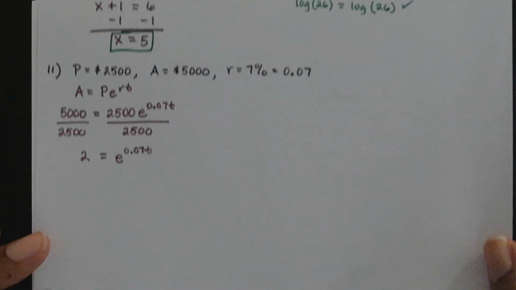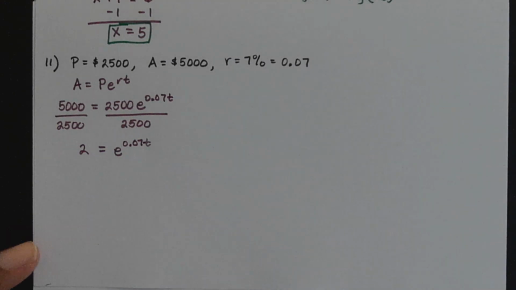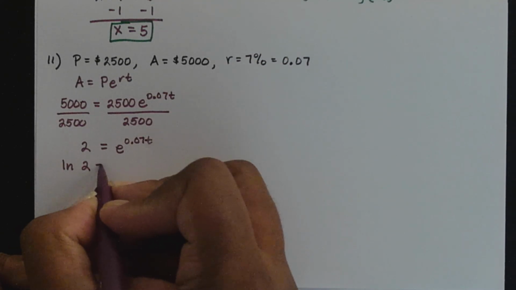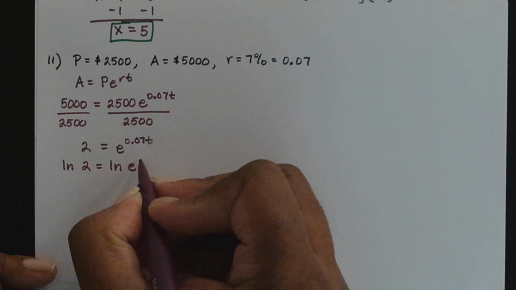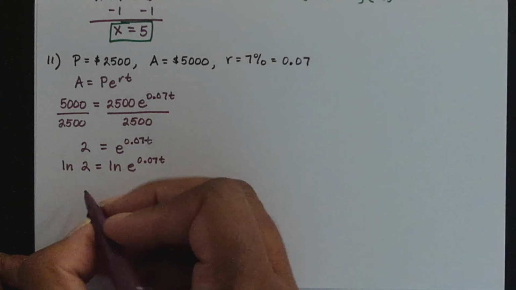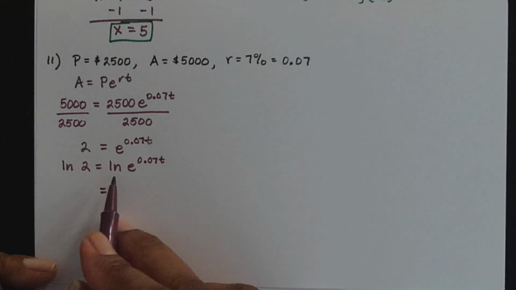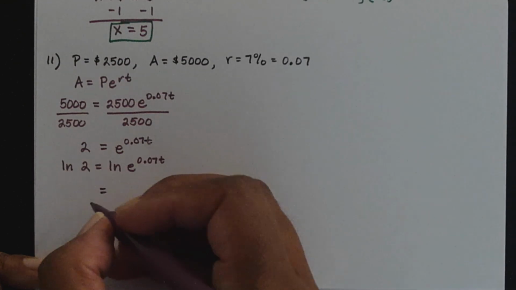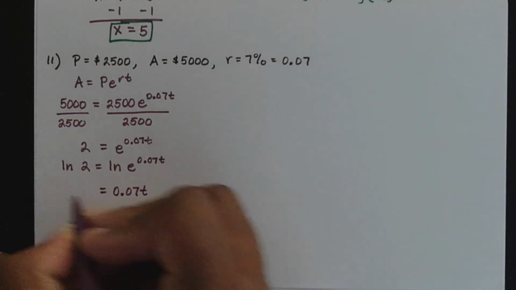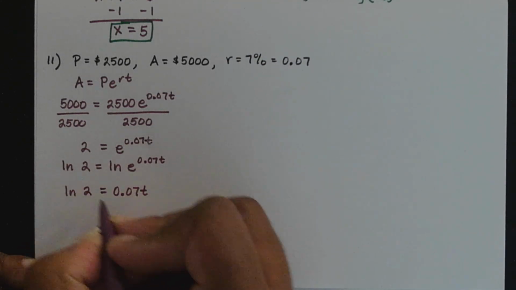Now, since we have an exponential equation, we have the natural base e, and ln and e are inverses of each other. Let's take the natural log on both sides. So on this side, what's ln of e to the 0.07t? 0.07t, and that's equal to ln of 2.